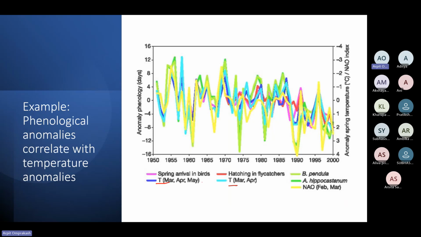And we see that other things such as the spring arrival of birds and the hatching in flycatchers follow these patterns of change across years. So when there's an anomalous temperature, there's anomalous behavior, early and late arrival of birds, and early and late hatching in flycatchers. Right.